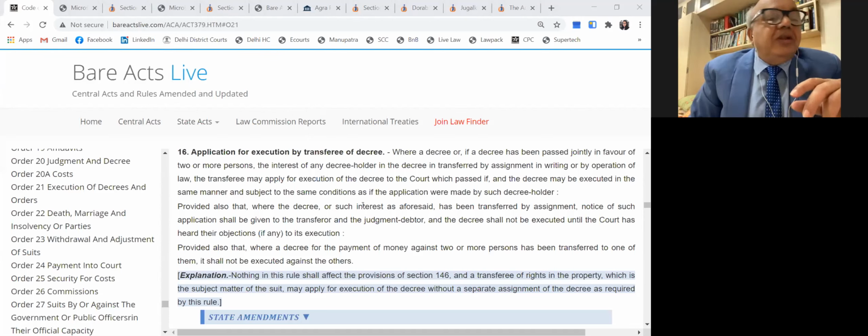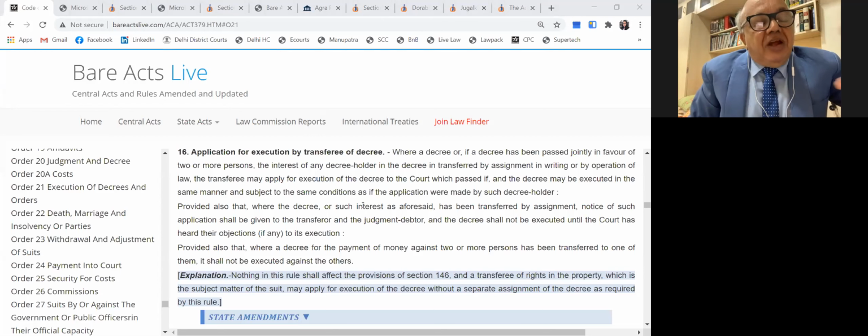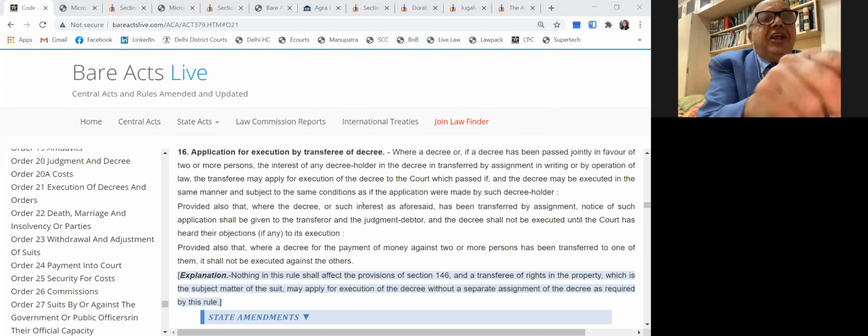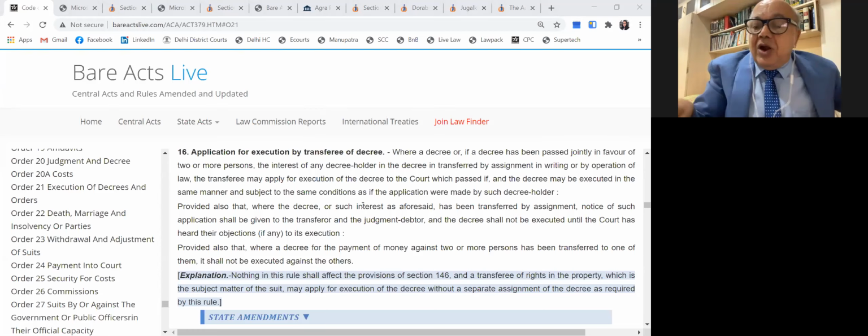Anybody has any question? No, what was assigned, I will say, was only the properties and the suit. There was no assignment of the decree in Jagal Kishore's case. When the decree is not assigned, the provisions of Order 21, Rule 16 do not come into play.